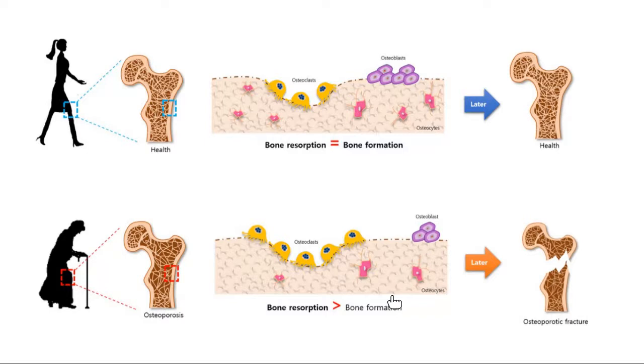So when my osteoclasts work faster than my osteoblasts, my bone density decreases. The amount of stuff that I have outside my cells goes down.